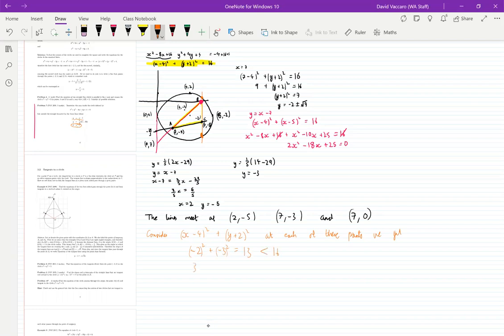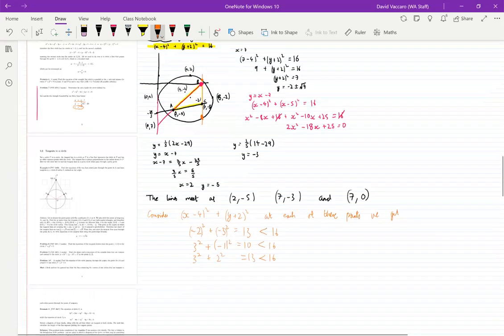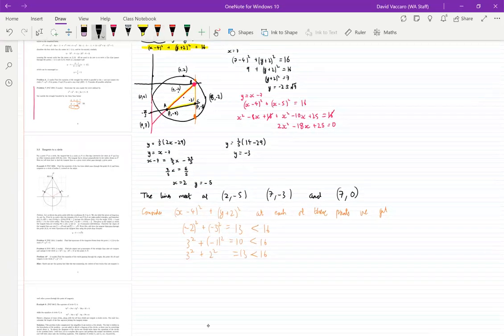For the second one, we get 3 squared plus -1 squared, which is 10, which is less than 16. And then for the last one, we get 3 squared plus 2 squared, which is 13, and that is less than 16. So what I've just verified here is that A, B, and C all lie inside the circle.